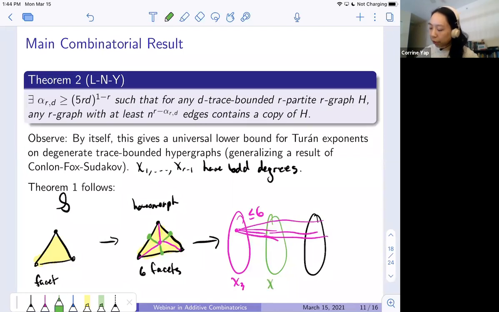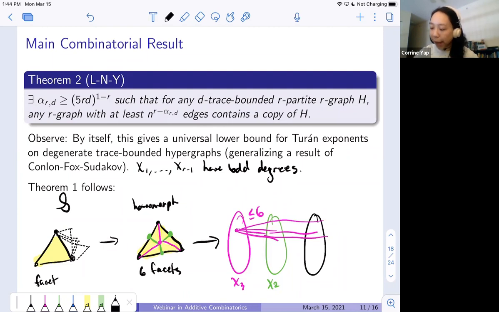Now, if we look at my X2, in general these degrees might not be bounded in terms of some constant d. For instance, in my original simplicial complex I might have a bunch of facets containing this particular edge. So the green vertex might be adjacent to some really large number of vertices.